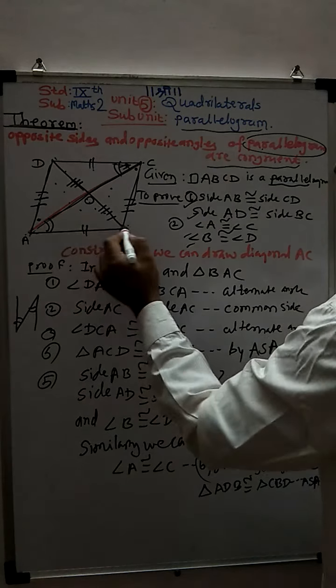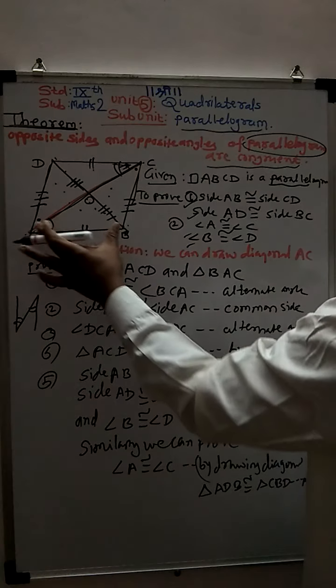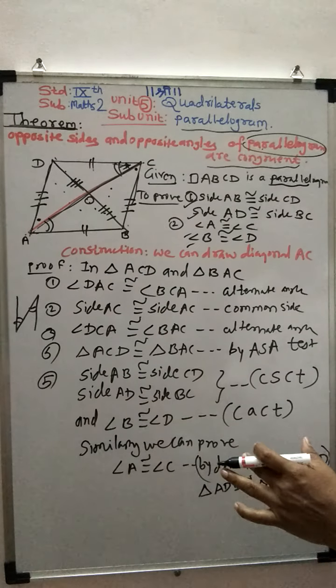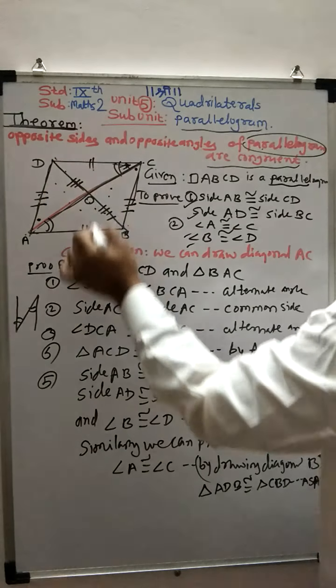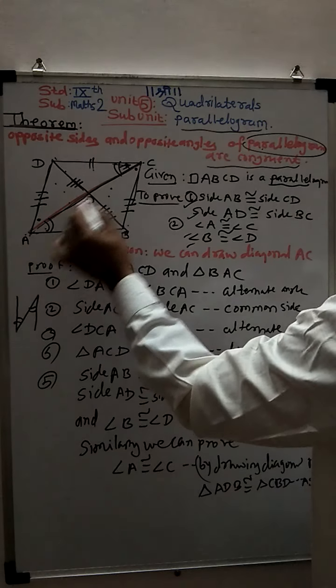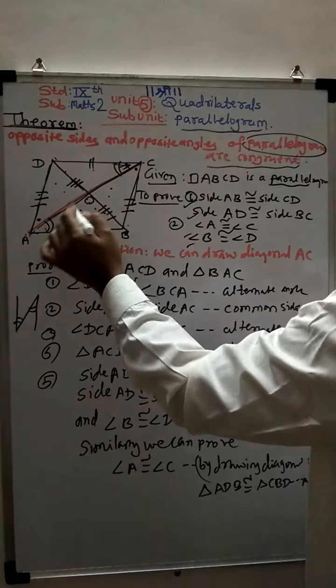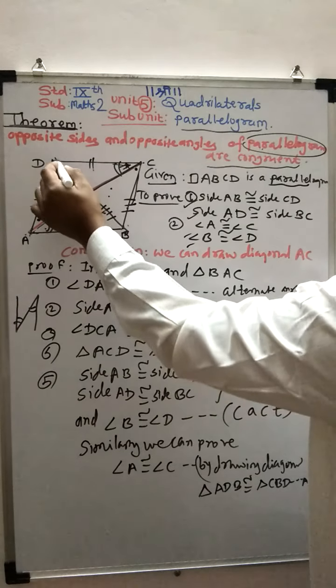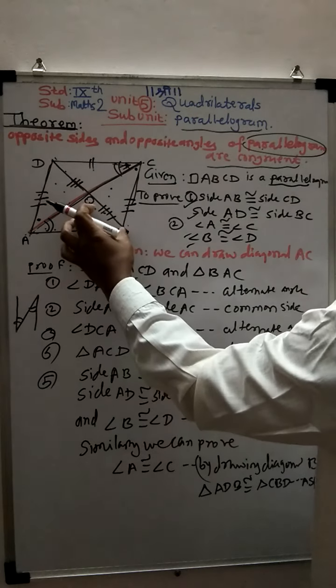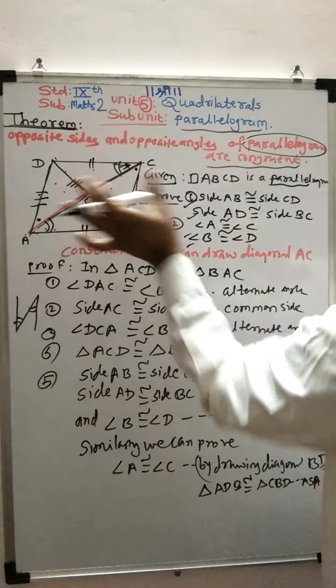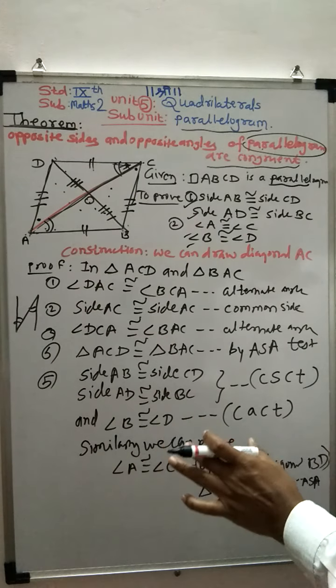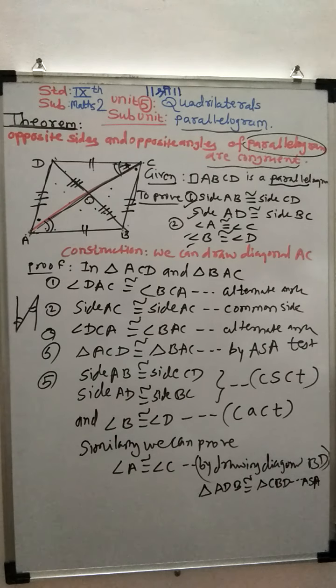Also, adjacent angles are supplementary. So there are three properties: opposite sides congruent, opposite angles congruent, and diagonals bisect each other. If BD is 10 cm, then OB is 5 cm; if AC is 12 cm, then OA is 6 cm. By using these properties, we study practice set 5.1.